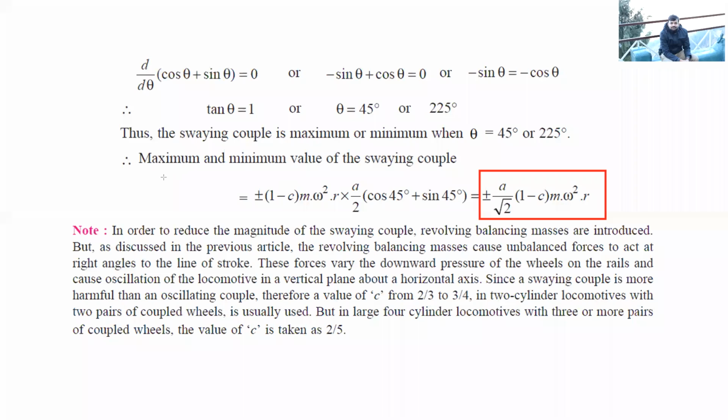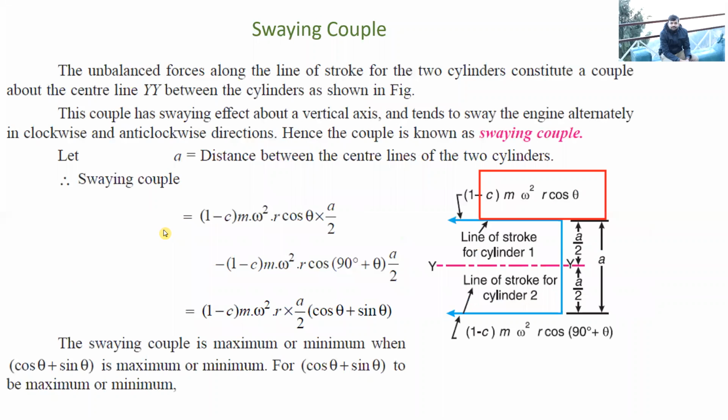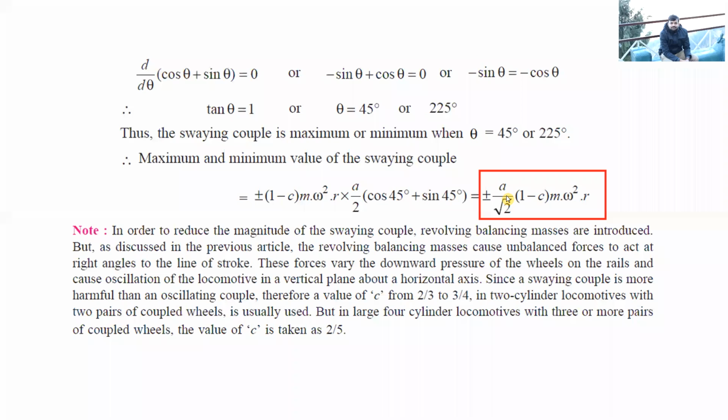Like two slider crank mechanisms are used over here, but nowadays more than two can be employed at a single time. In that case there will be a large amount of force, and hence the swaying couple will be very high. Therefore the value of c is taken as maybe 40% or 30% of the total m into r value. So this is what it is saying.